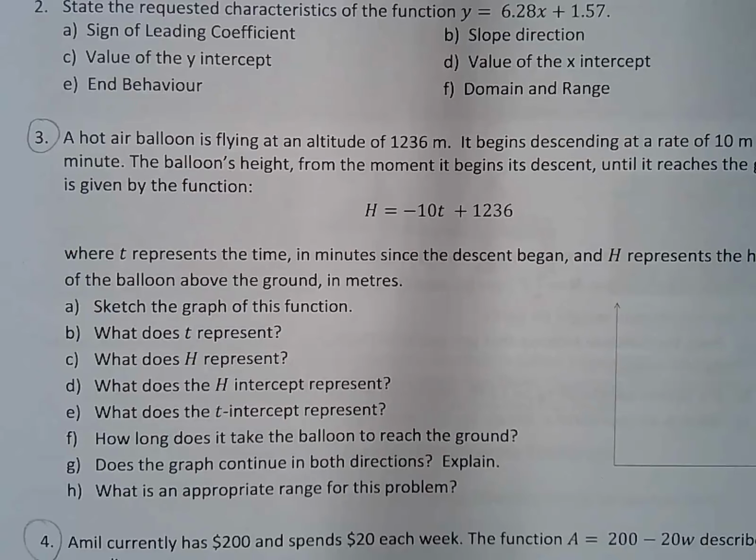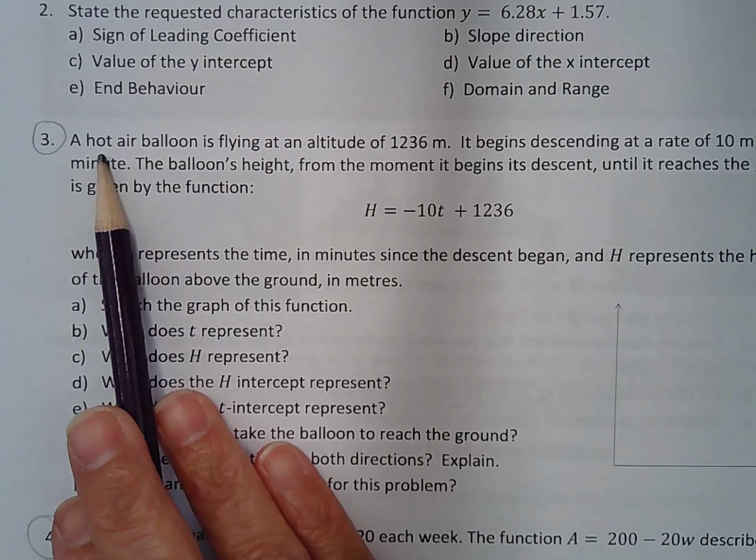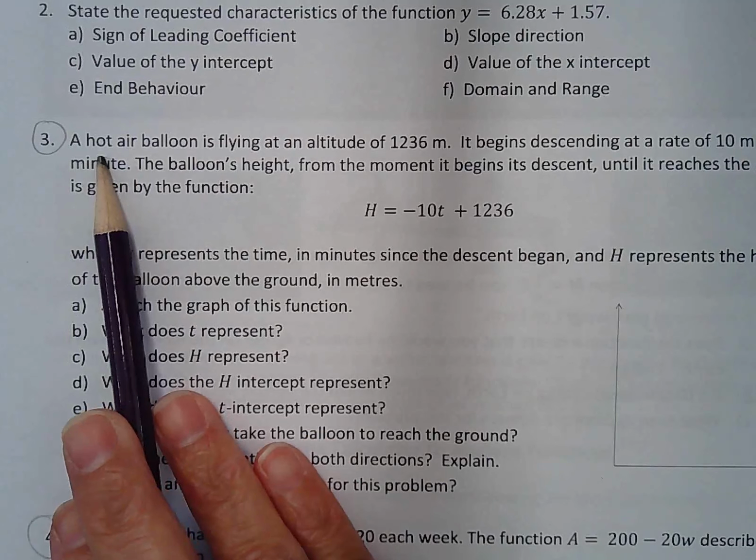A hot air balloon is flying at an altitude of 1,236. Now, let's pause for a second and ask, is this relevant to us? Do we understand this? You've probably heard of a hot air balloon. These are like the Remax ones flying around.